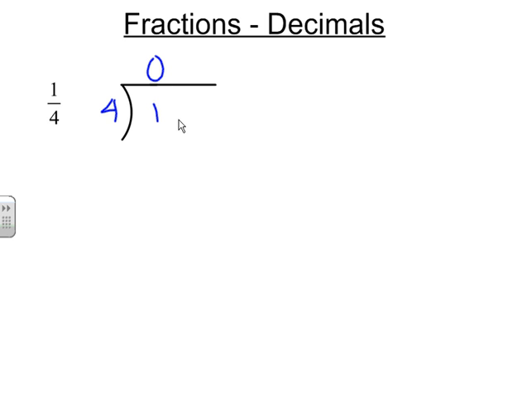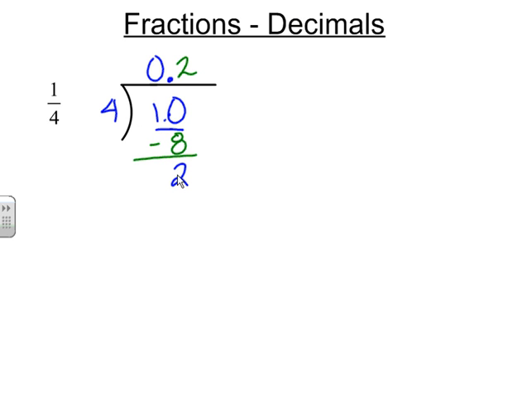What that does is, if we're going to start to add things to it, we've got to put a decimal there. That means that we're going to go past where this number normally would have been, because it was a 1. So now we're going to look at 4 going into 10. 4 goes into 10 2 times. So we're going to write down an 8. And we subtract that. 10 minus 8 would give us 2.